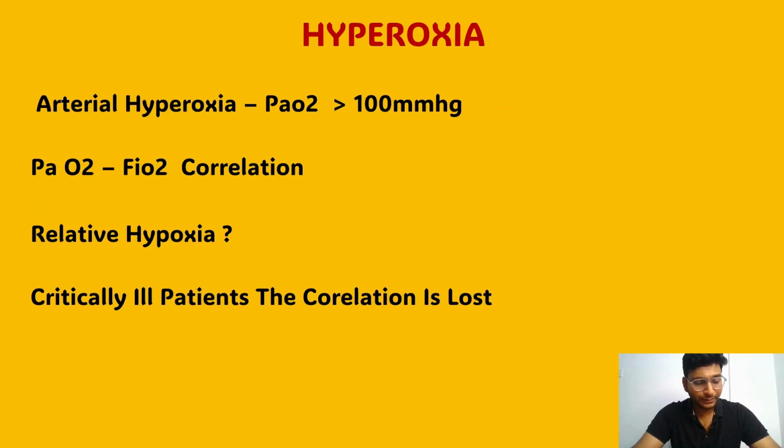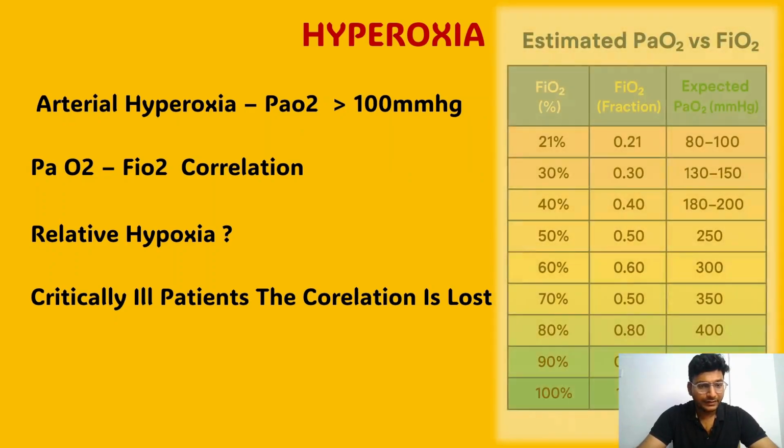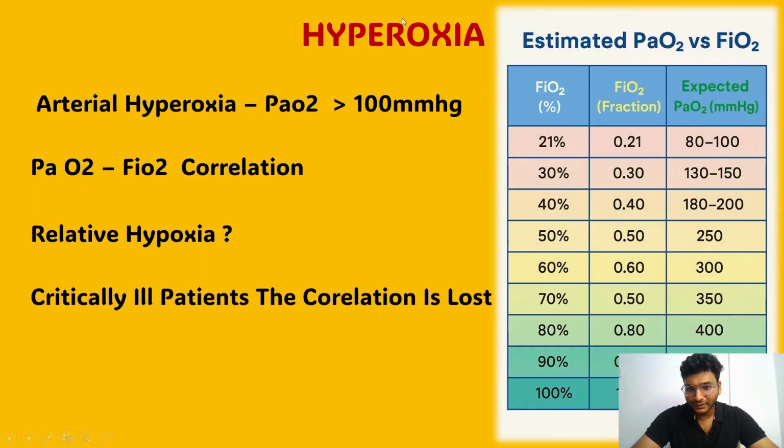Suppose the patient has an FiO2 of 40 and the partial pressure of oxygen is 100. The expected partial pressure of oxygen for a 40% FiO2 is 40 into 5, that is 200, and the patient has a relative hypoxia, right? As I said, for a 40%, the expected value is 200.